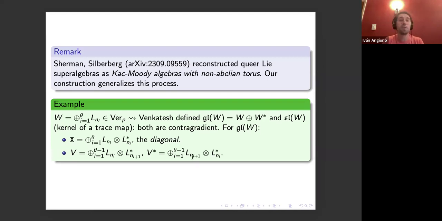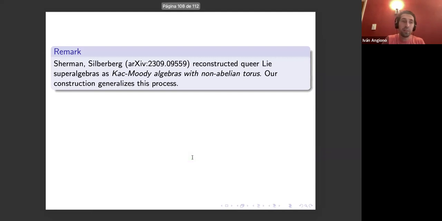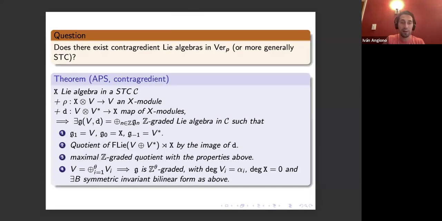So the main idea is to try to obtain the classification of contragredient Lie algebras, at least in Ver_p, let me say. The tool that we expect to obtain is a kind of root system. Because, motivated by this last part, that you have a Z-grading, the idea is that you can define, again, a kind of root system for these contragredient Lie algebras. Let me tell you something.